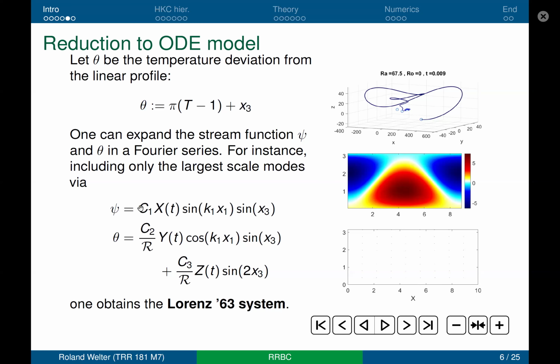Then if you Fourier expand the stream function and theta in the coarsest way possible, keeping only the largest scales, you end up with the Lorenz system, which is so well known.